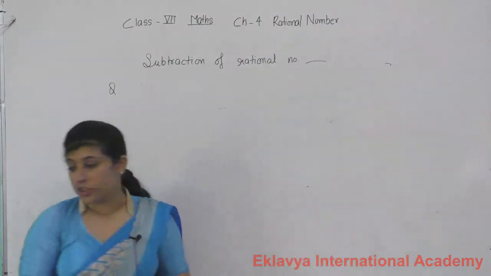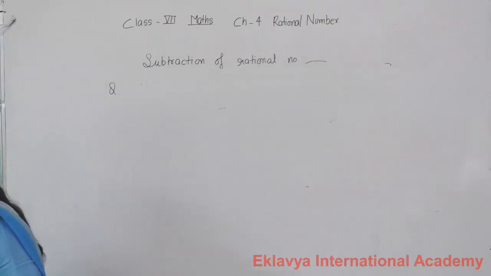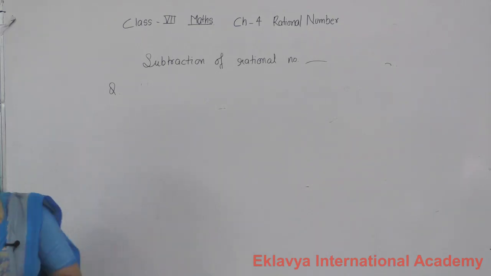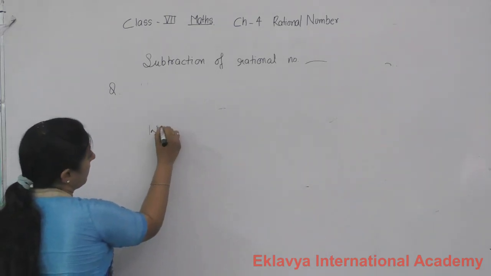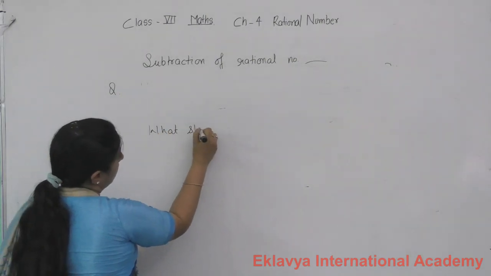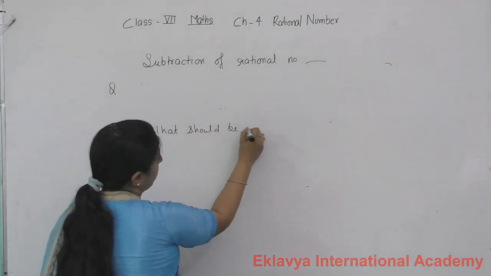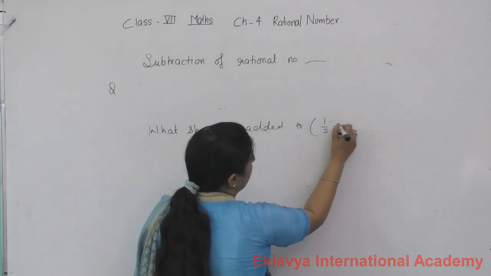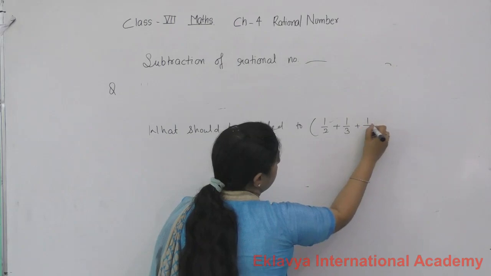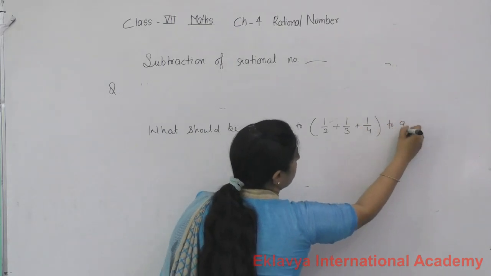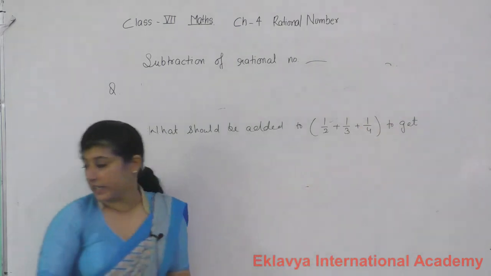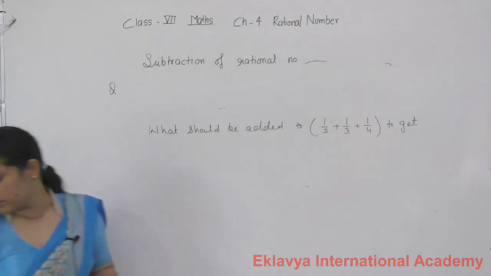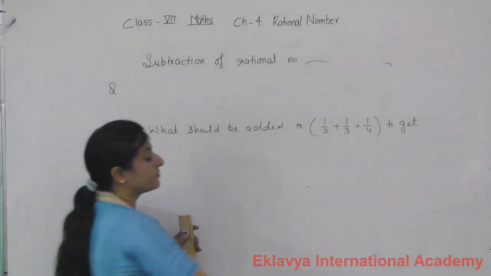See another question. What should be added to 1 by 2 plus 1 by 3 plus 1 by 4 to get 4?